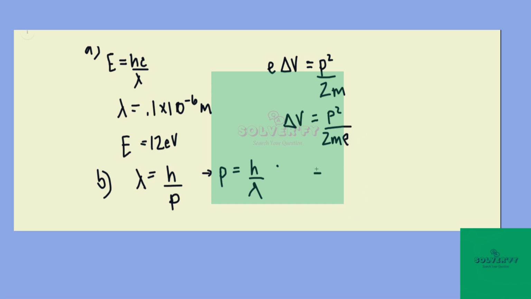So plugging in this for p, we get h squared over lambda squared, m, e, and then times 2. Can't forget this too. So far I'm not quite seeing the connection, but that's okay.